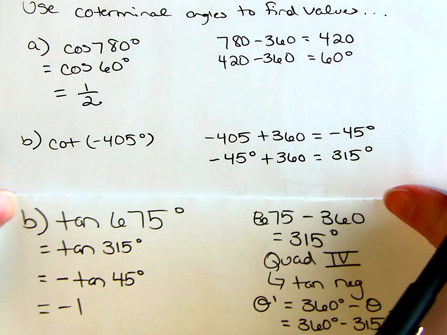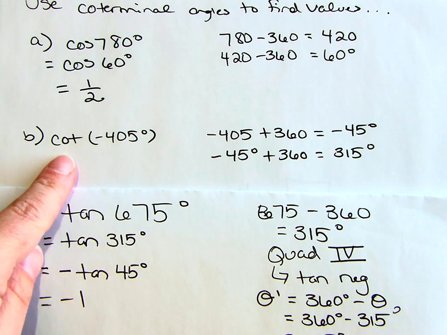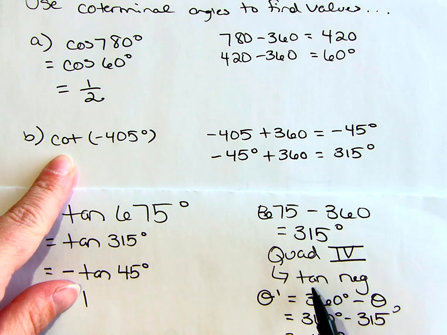But this time we're finding cotangent. But that's okay, because if tangent is negative in quad 4, cotangent is also negative in quad 4.